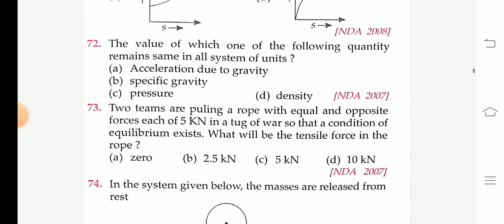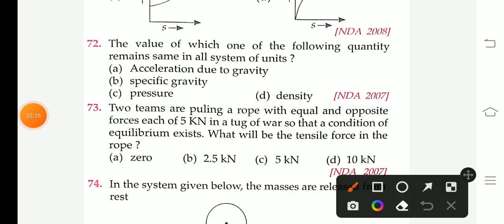The value of which one of the following quantities remains same in all systems of units? Specific gravity.